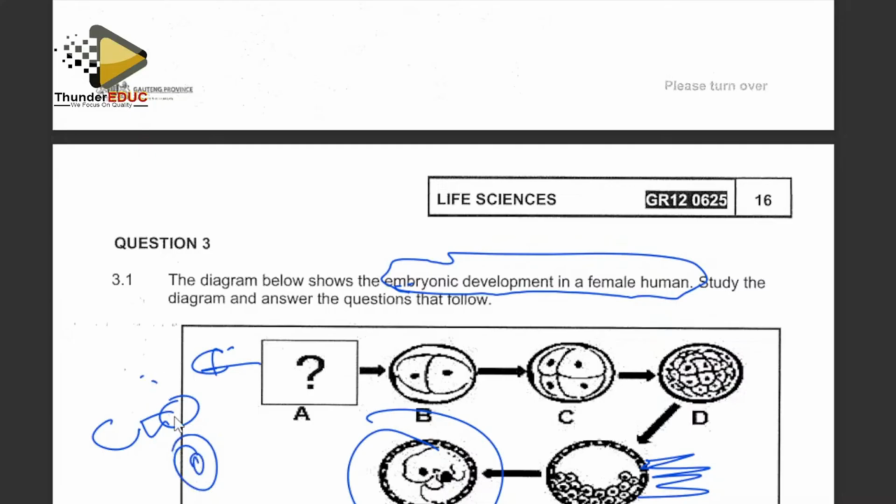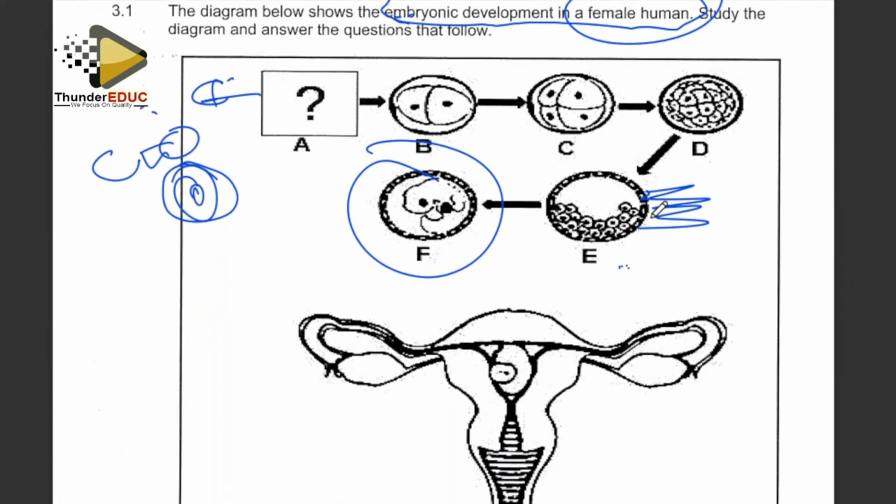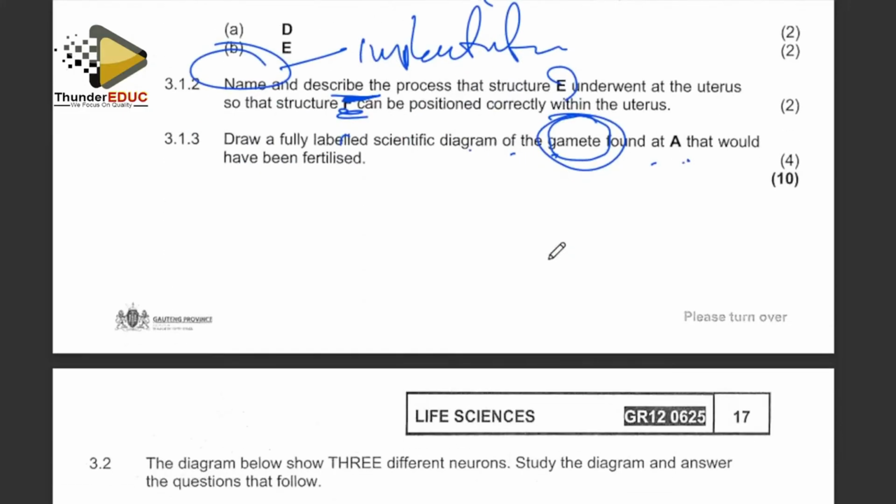So we have two gametes. Which one do I draw? They talked about the female, the female who is a human. Therefore, I will go for the ovum. You have to draw the structure of the ovum, not the structure of the zygote, because the zygote is not a gamete. I think I'm clear here.